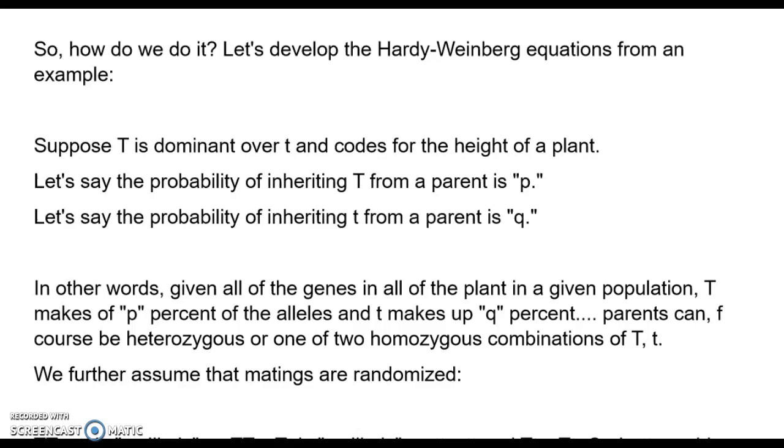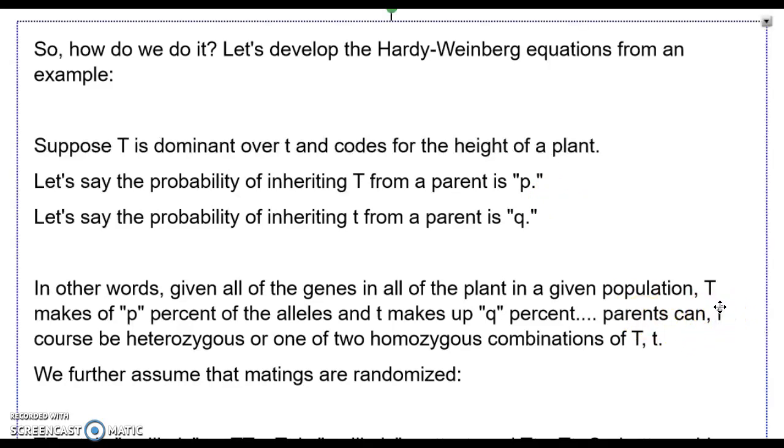So in other words, given all of the genes in all of the plants in a given population, big T makes up P% of the alleles and little t makes up Q%. So if P was 0.75, we would say that it makes up 75% of the population.